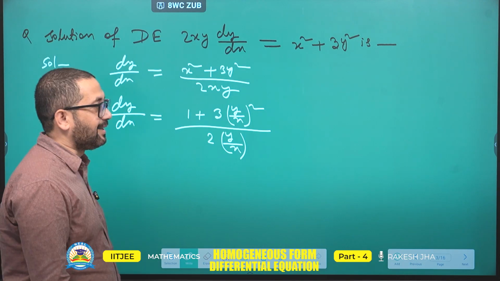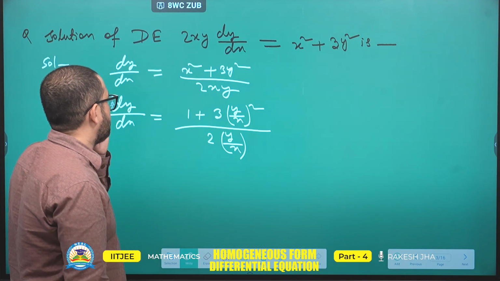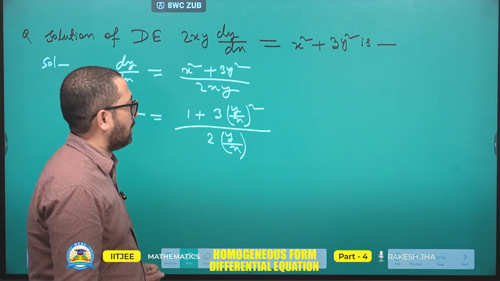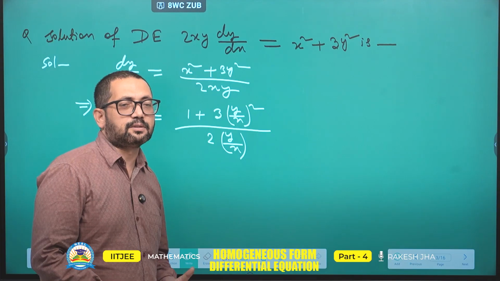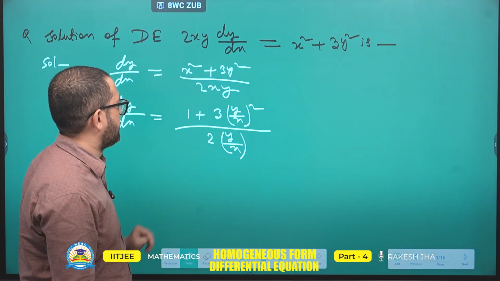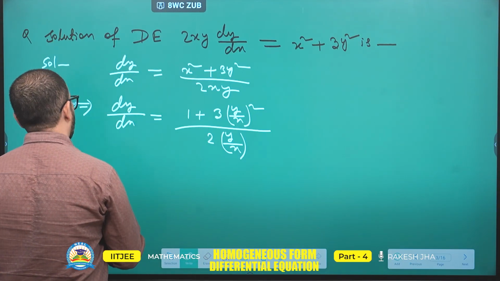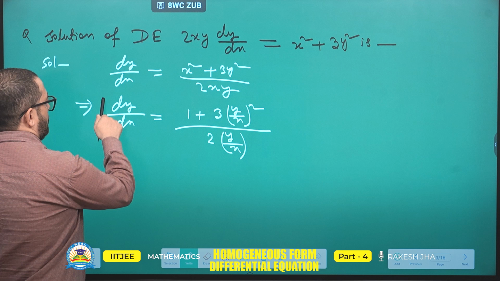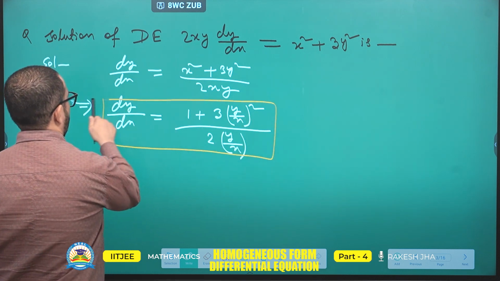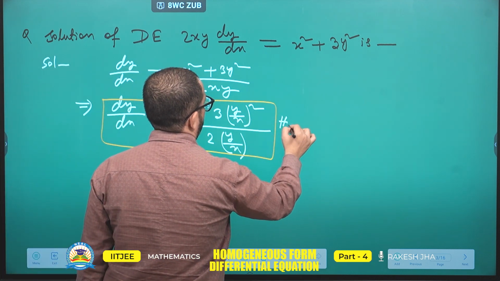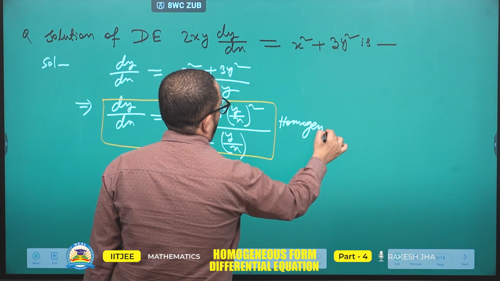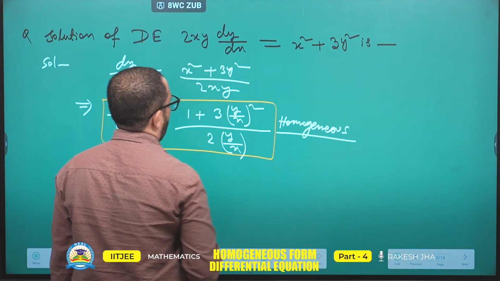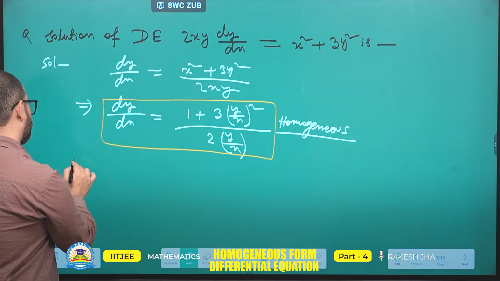So what we found here is that on the right side the x and y variables can be arranged in a systematic way, as y over x. So now this is in homogeneous form.